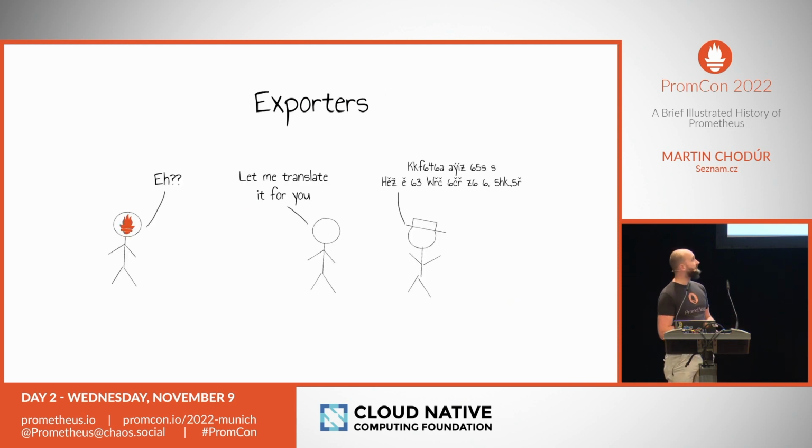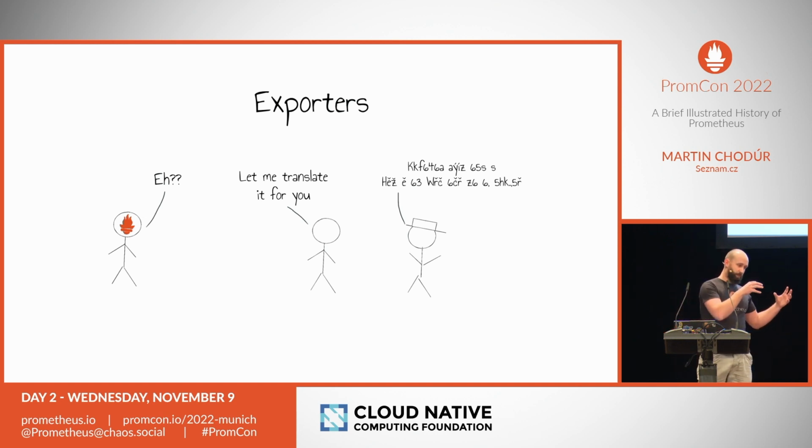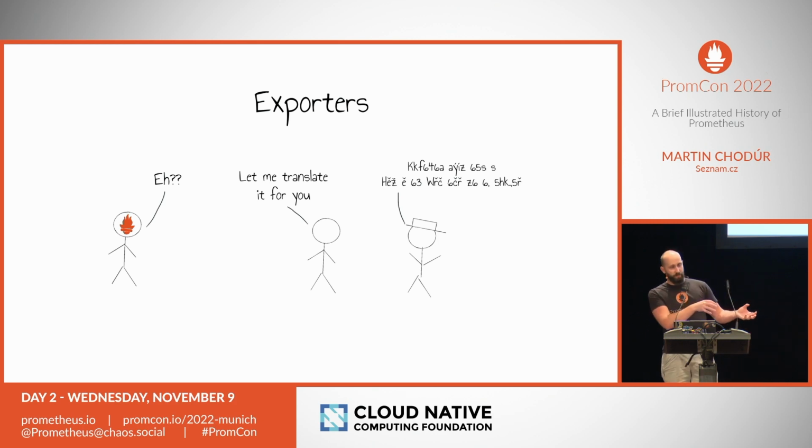And the idea of exporters: you need the applications to support the collection of the data, and an exporter is like an adapter, a translator of the metrics or information about the application you are observing for Prometheus. So those were also game changers, or the things that were really good about Prometheus.